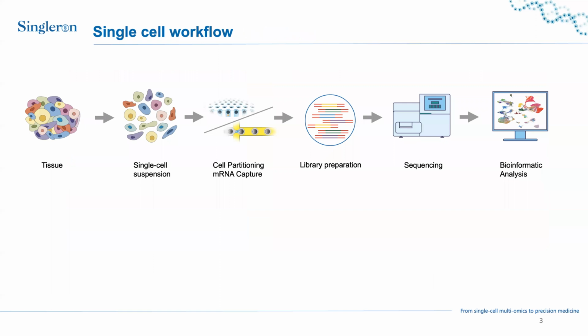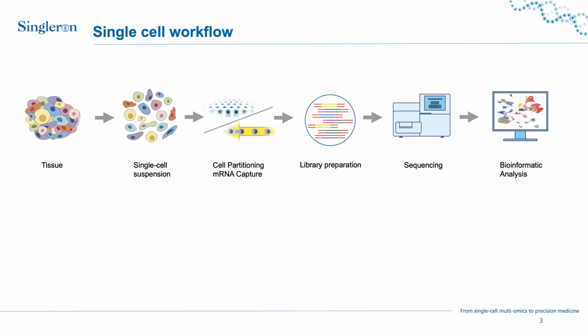So here you can see a standard single-cell workflow. Normally you start either with a single-cell suspension or with a tissue that you dissociate into a single-cell suspension. The suspension then has to be partitioned. You can use, for example, wells or droplets for partitioning, and the cells are then lysed, and the mRNA is captured and barcoded.